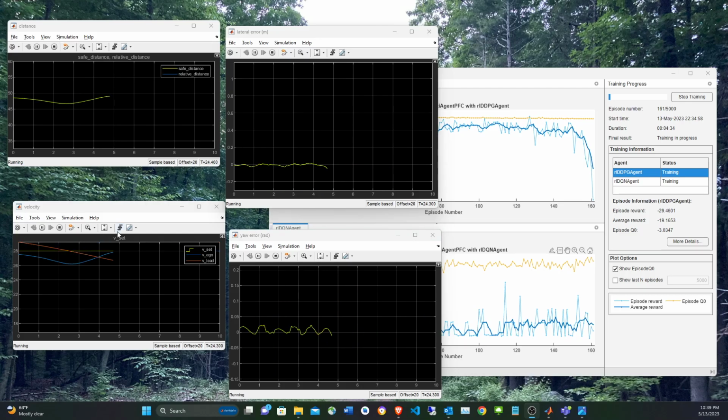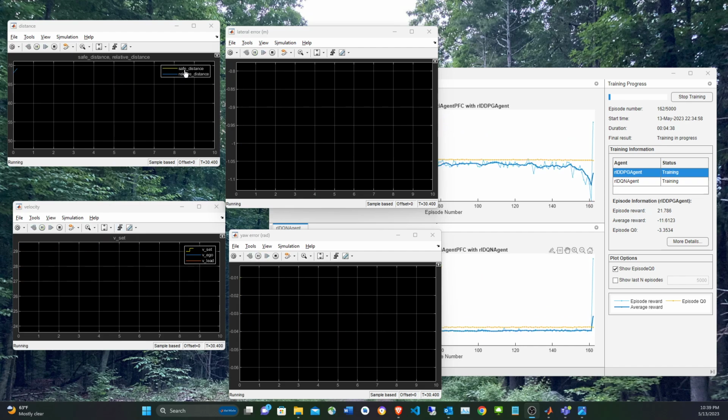You can see the training in progress in here. So the blue is the relative distance and the safe distance is yellow. In here the velocity of the lead car is red and the ego car is blue. So you can see that the velocity doesn't get anywhere near the velocity where it has to go.